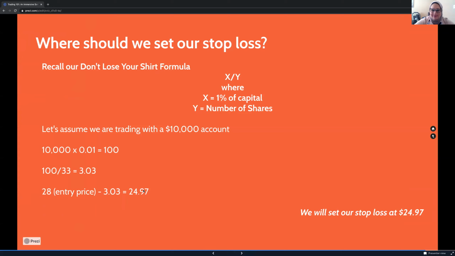So our stop loss is going to have to be at 24.97. But I think we had our order at 26.47. Yeah. So that's $2 and a bit less than our entry. Does anyone have any questions on this slide?